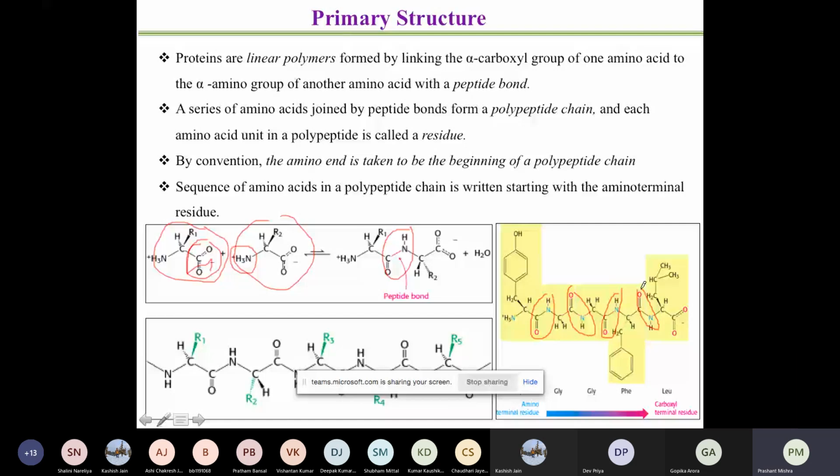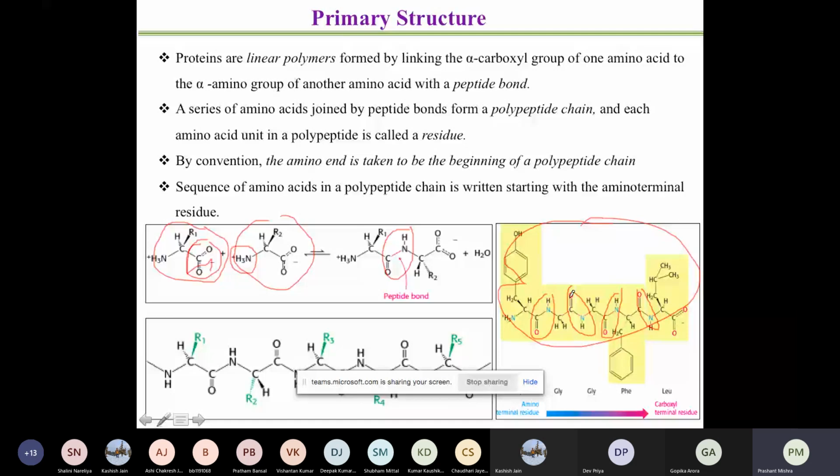A series of amino acids joined by peptide bonds, we call a peptide chain. So this chain which you are looking at is a peptide chain, and that's why we can call it a polypeptide. If one peptide bond is there, say two amino acids joined together, you can call it a dipeptide, a tripeptide if there are three, and if there are many, we call it a polypeptide.